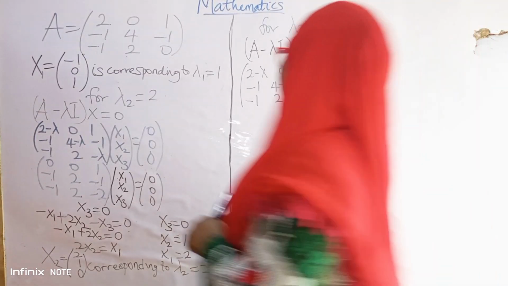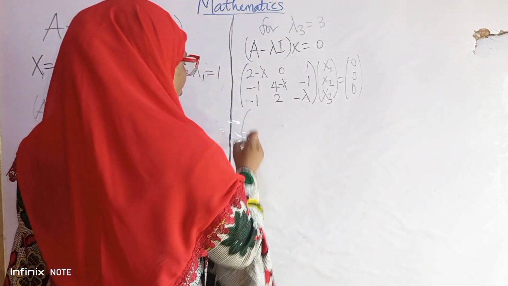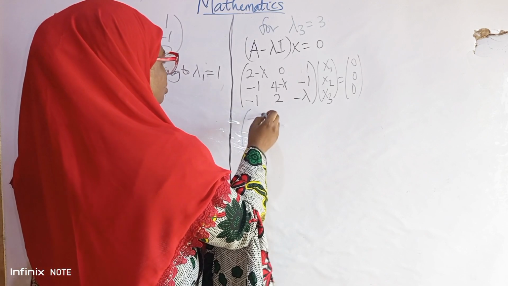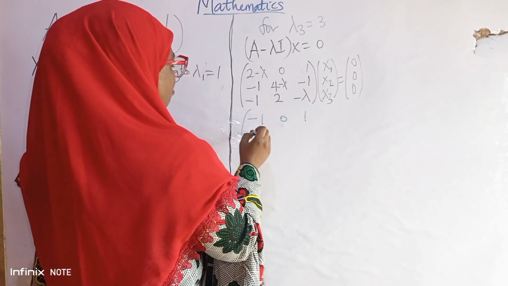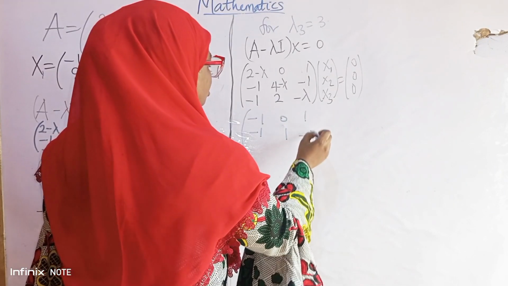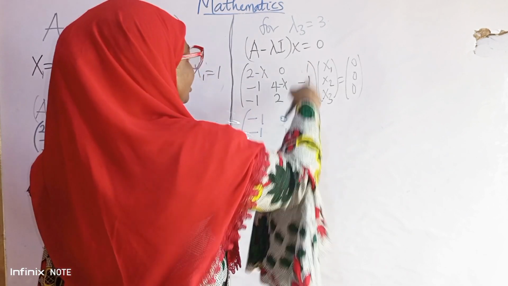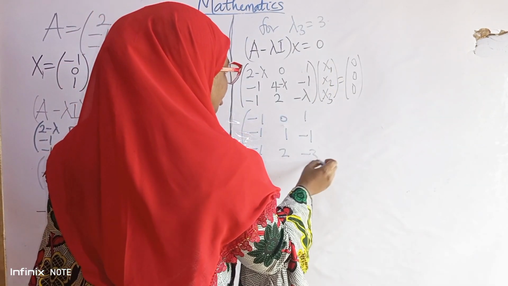And here our lambda is 3. So we have 2 minus 3, that is minus 1, 0, 1, minus 1, 4 minus 3, that is 1, minus 1, minus 1, 2. Then minus lambda, and our lambda is 3, so I have minus 3 here.